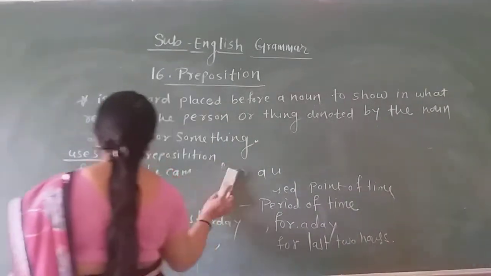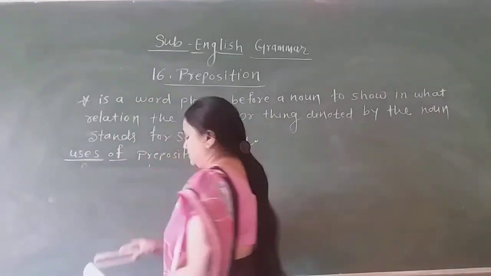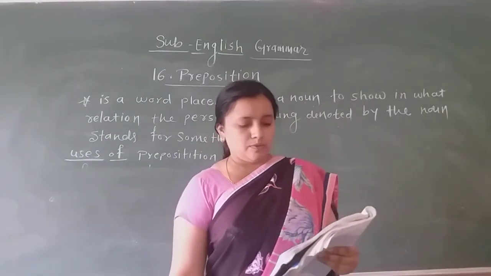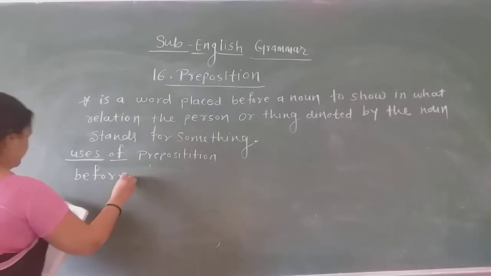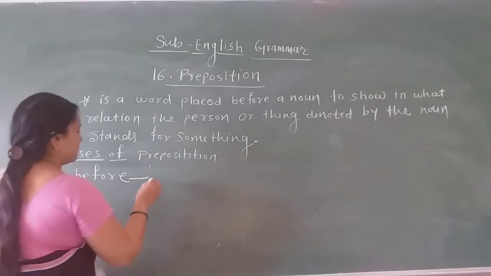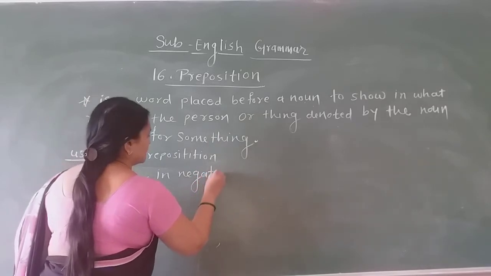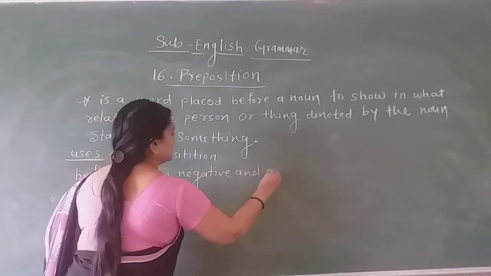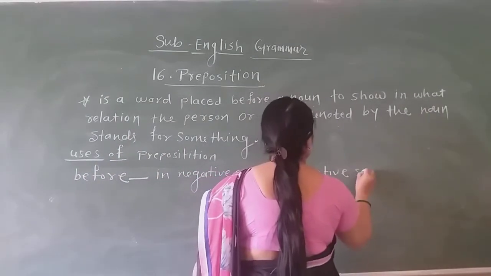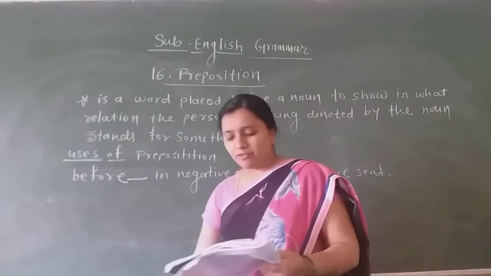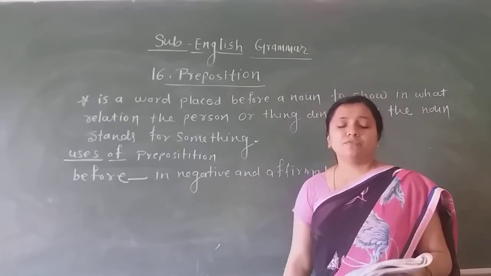Uses of the preposition. Before. Next one, the use of before. It is used in negative and affirmative sentences, to denote a point of future time.